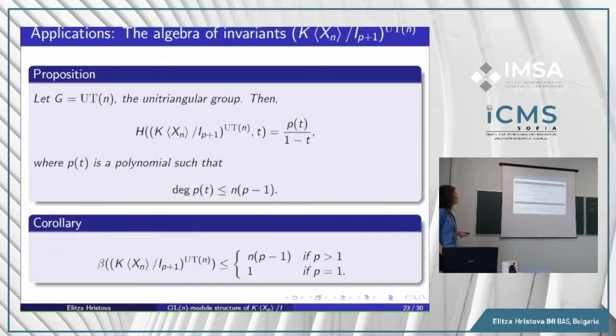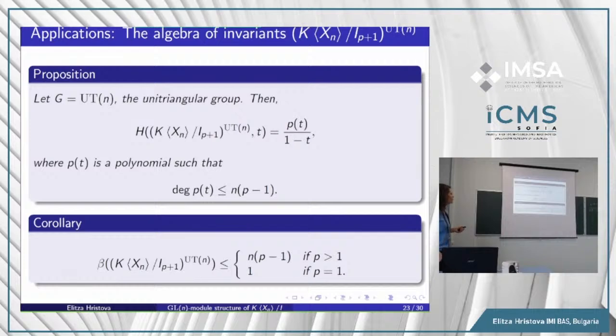Okay, now let's go to the other group that we mentioned, the group of upper triangular matrices with ones on the diagonal. Here the Hilbert series is not a polynomial, it's a rational function, where the numerator is a polynomial and the denominator has a very easy form.